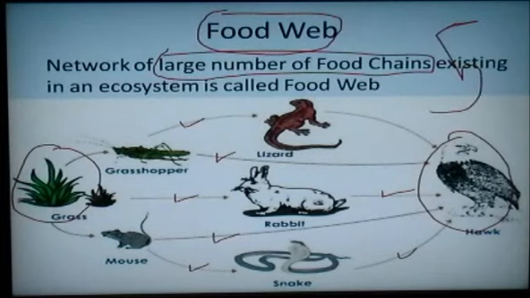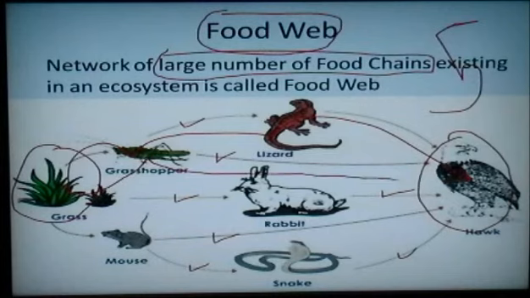In the first food chain, the grass is eaten by grasshopper, and then grasshopper is eaten by lizard, and then lizard in turn is eaten by hawk. In the second food chain, grass is eaten by grasshopper, and then grasshopper is eaten by hawk.